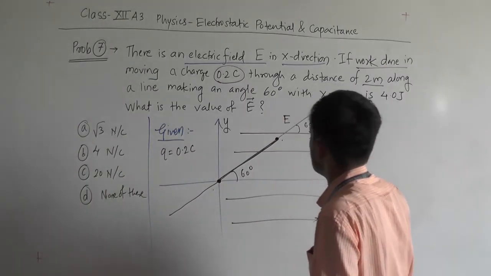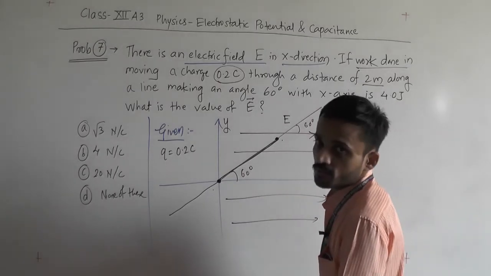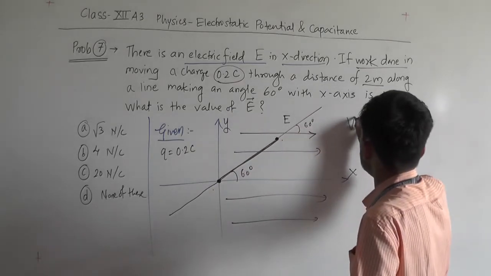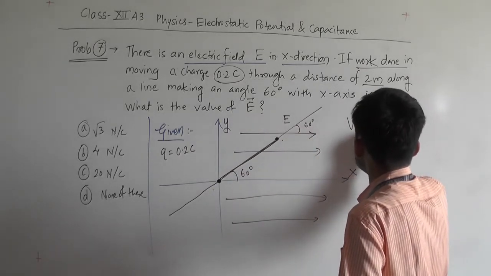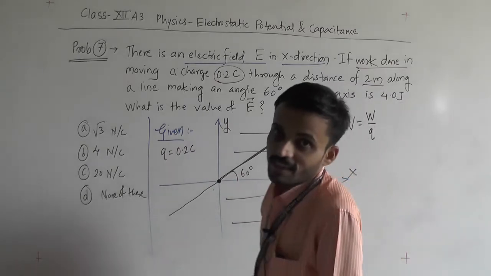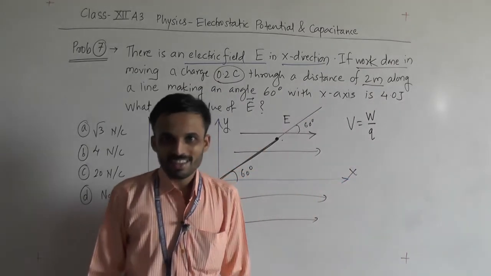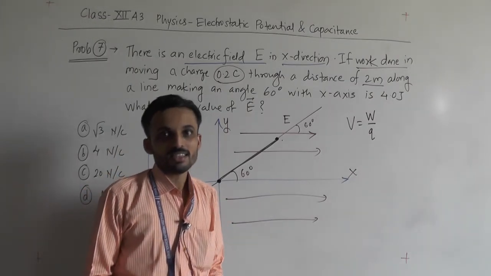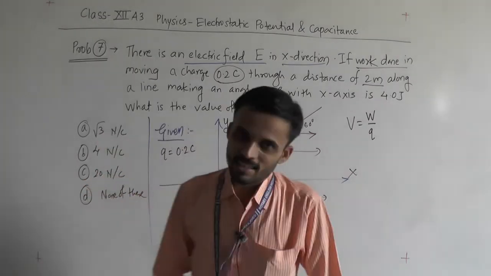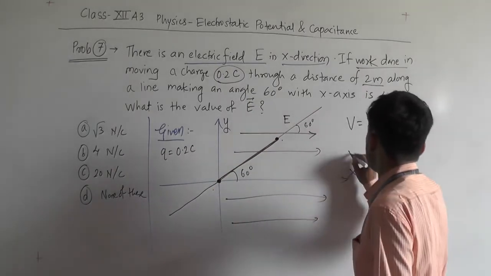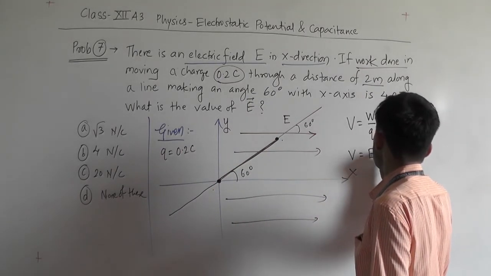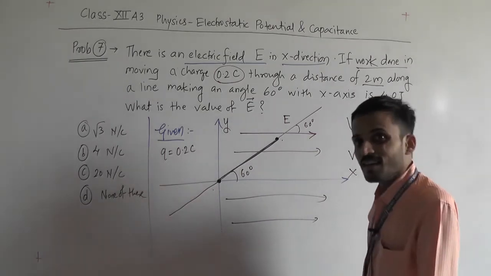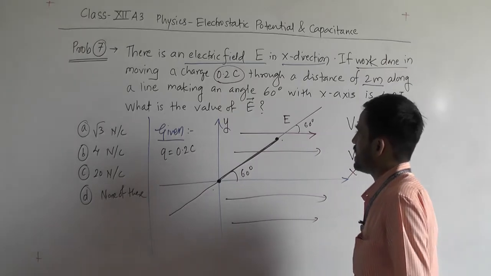Work done per unit charge is the electric potential. V is equal to W upon Q. And yesterday only I shown you that if it is uniform electric field, then we will have V is equal to ED or E dot D. तो डॉट प्रोडक्ट कितना आएगा बेटा?